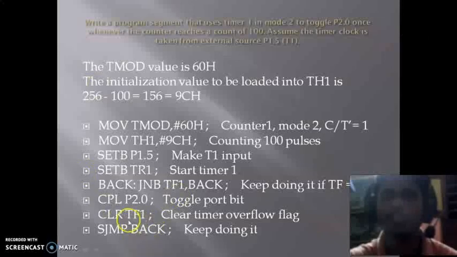Again we will clear TF1, the timer overflow flag, setting it to 0, and then SJMP back will occur, and that is continuously done by this program. So this is the way by which the program can be executed.